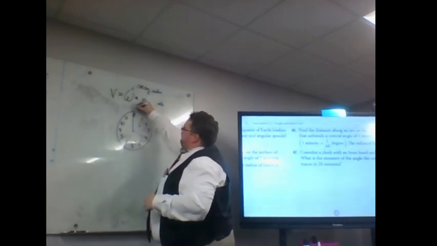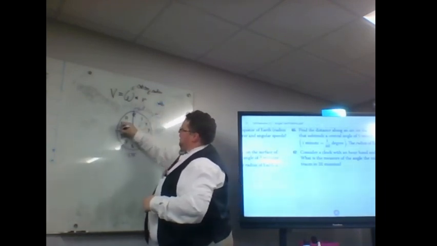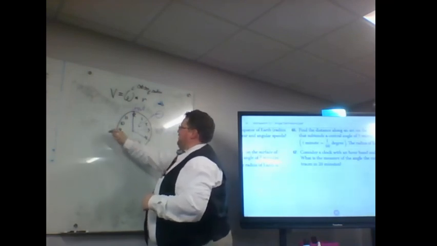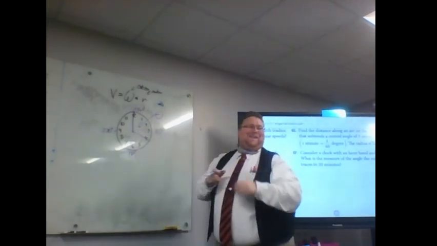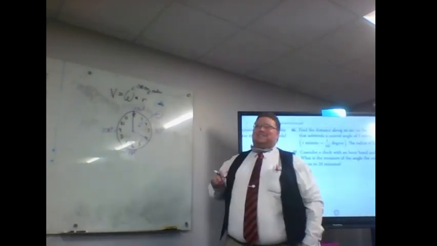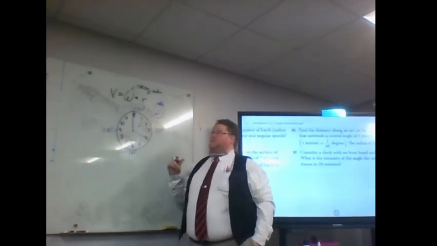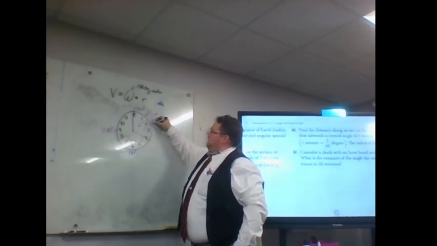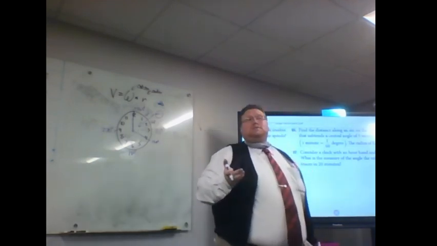This is 90, that would make this 180, and this 270. You can see here that these numbers cut it into thirds. So this one would be at 30, this would be at 60, this would be at 90, which puts us at 120. That is one way to do it.